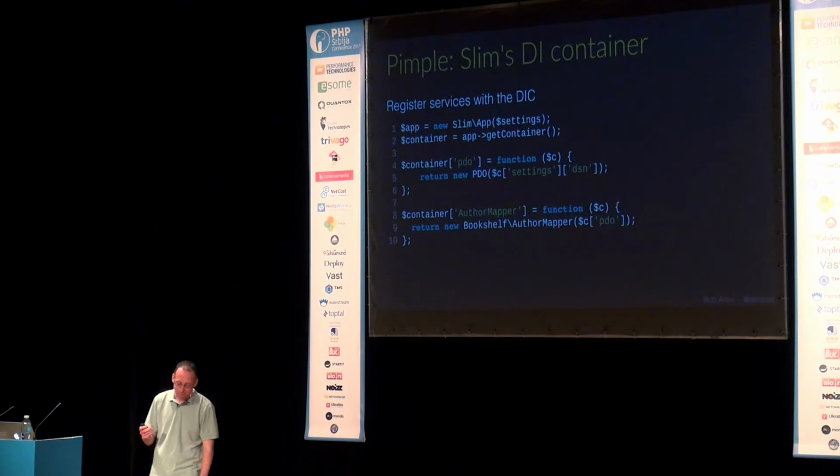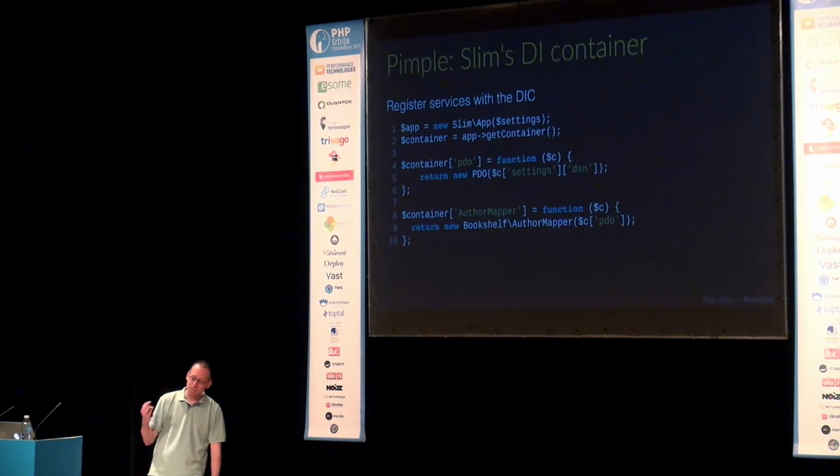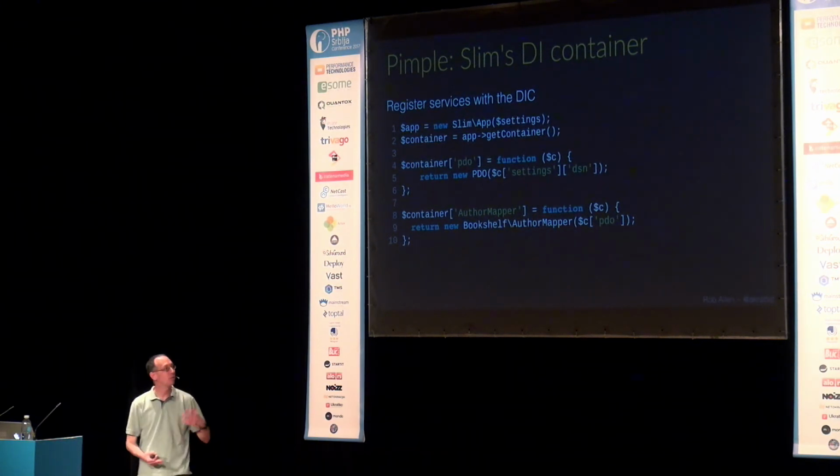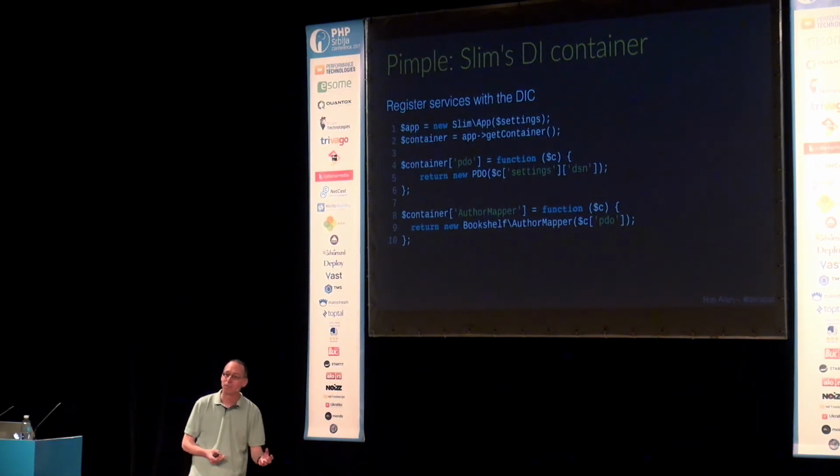The nice thing about them is that we don't instantiate the objects unless we need to use them. So here I've got author mapper, for instance. If I'm calling an endpoint like ping, I don't need an author mapper. So the DI container won't call this function, hence it will not instantiate my author mapper, which means it won't instantiate my PDO object, which means I won't connect to the database because I don't need to.